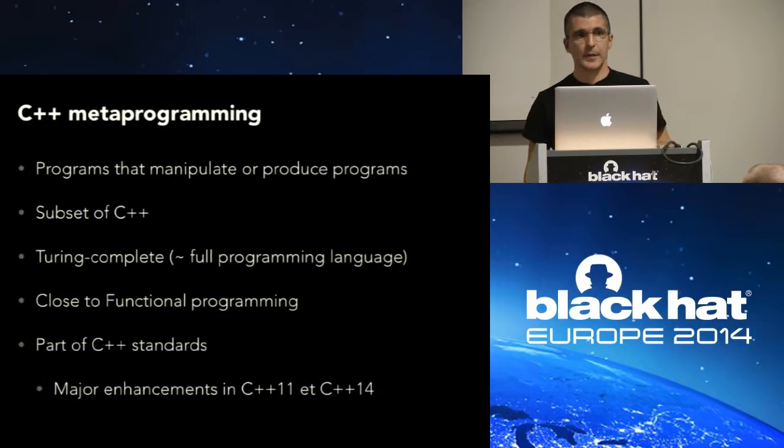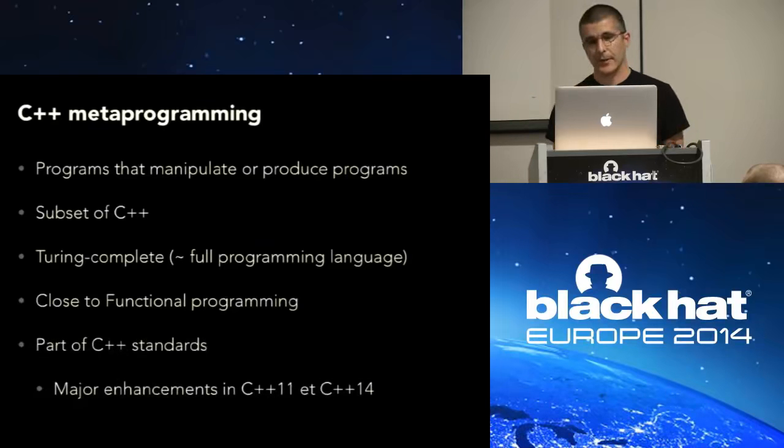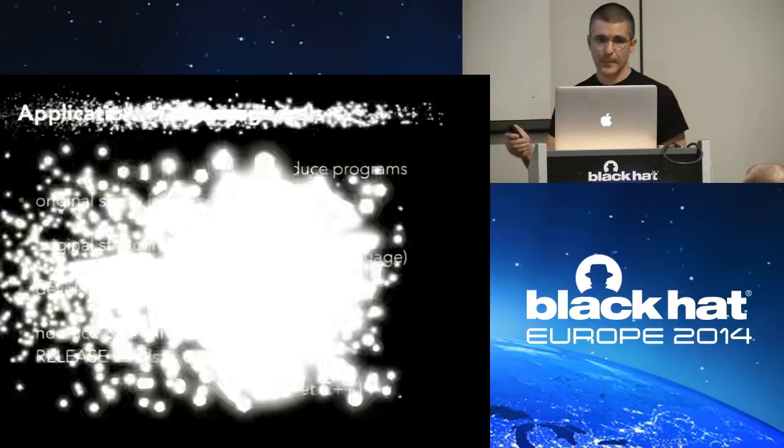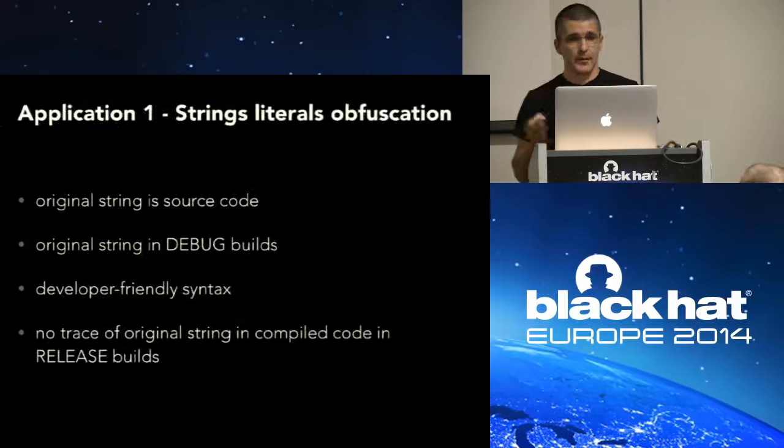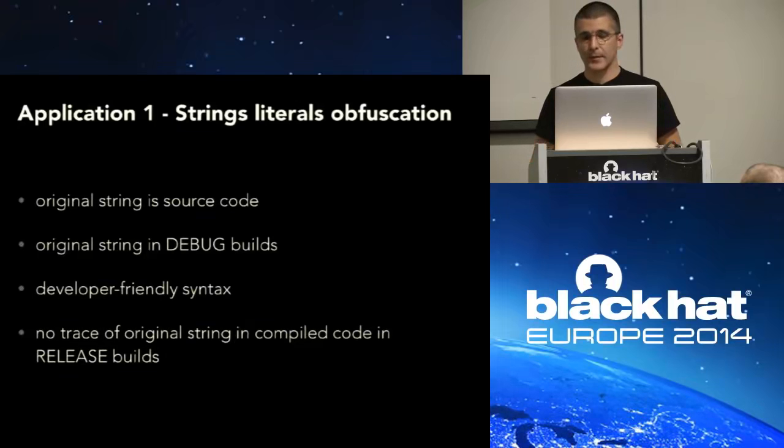There are major enhancements in C++ programming in the latest versions of C++, C++11 and 14. And now I will show you an application of that regarding obfuscation. In my demonstration at the beginning, you see that it's very easy to find strings. And what I want to do is to obfuscate strings.